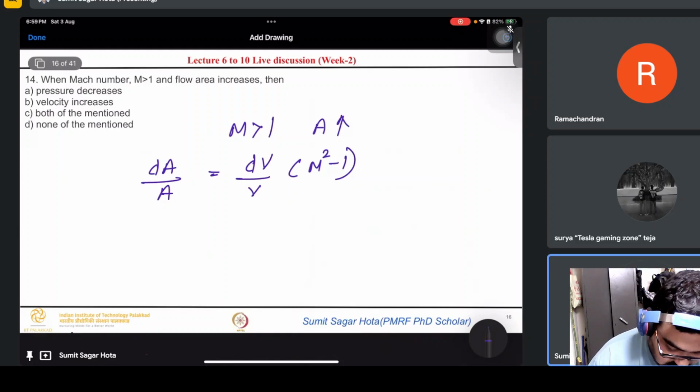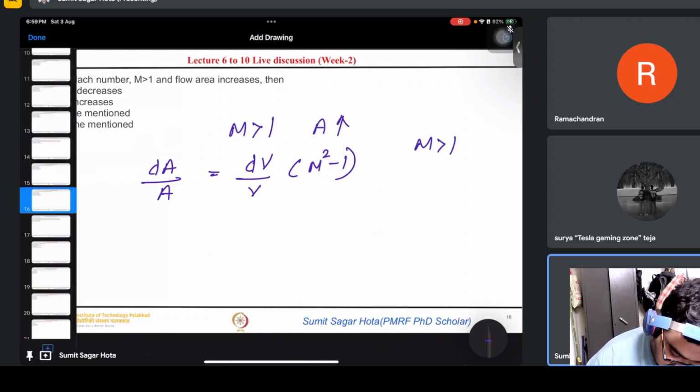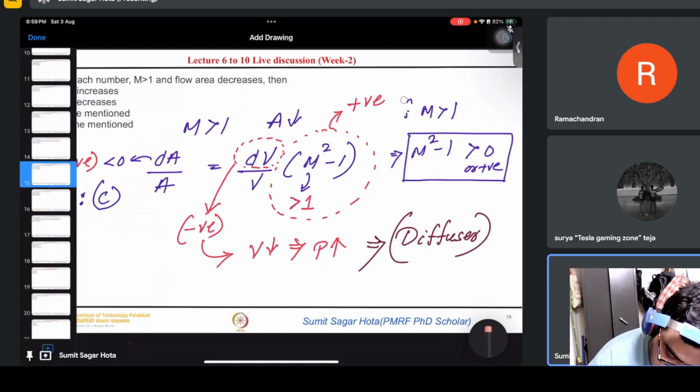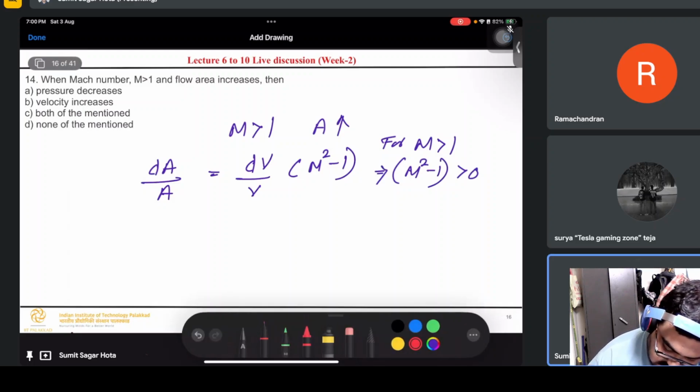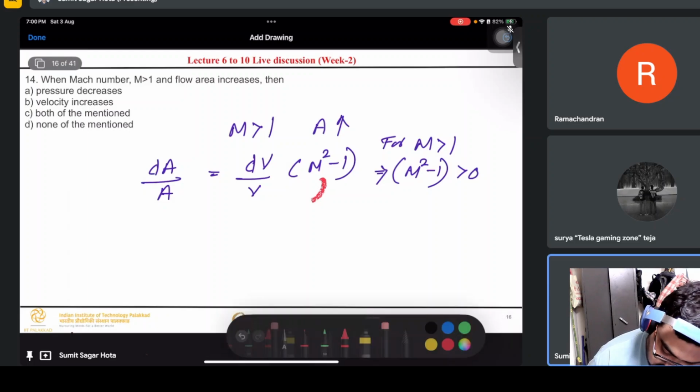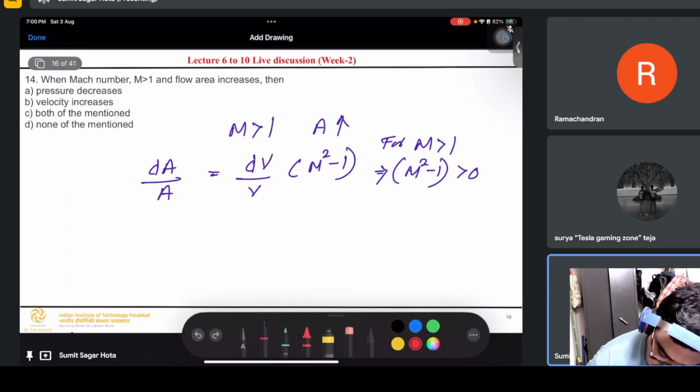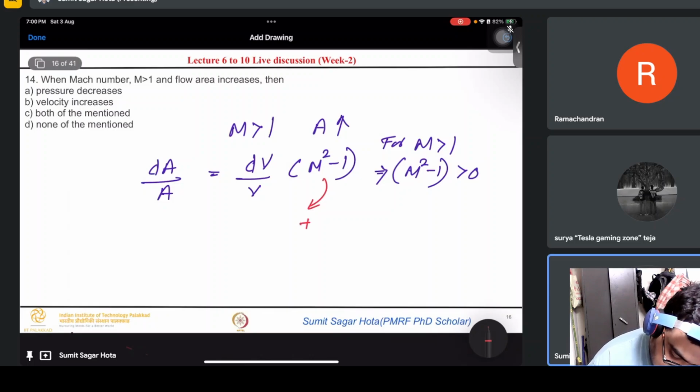In the same way we can go to this question. Here m is greater than 1. So for m greater than 1, that means m square minus 1 is greater than 0, so this is a positive term.